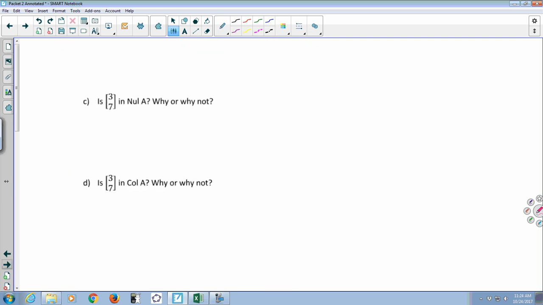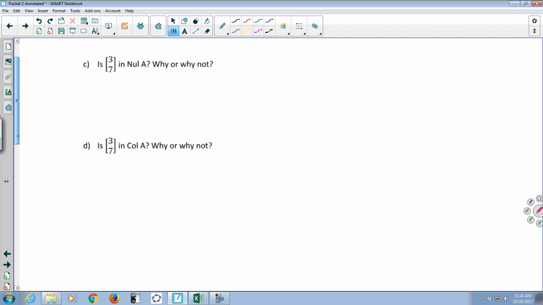So now I'm giving you a vector 3, 7. Does it live in the null space? That means, is A times that vector equal to 0? So my A, can't remember, 0, 1, negative 1, 1, 2, 0, 0, negative 1, times 3, 7.